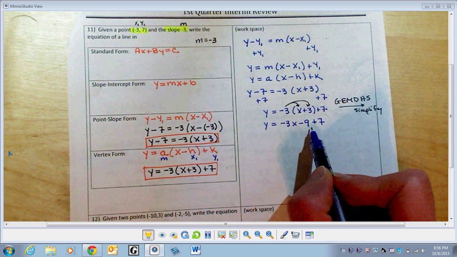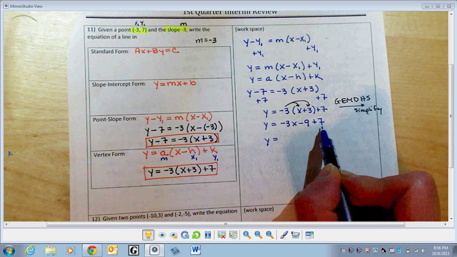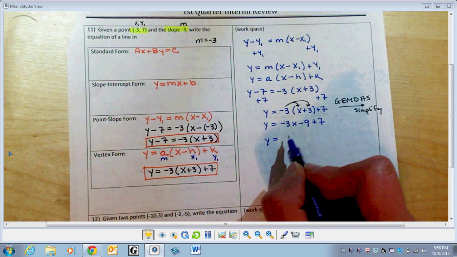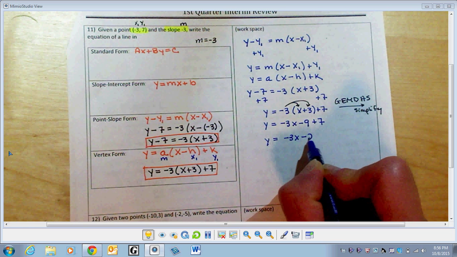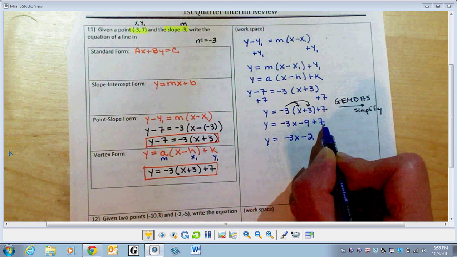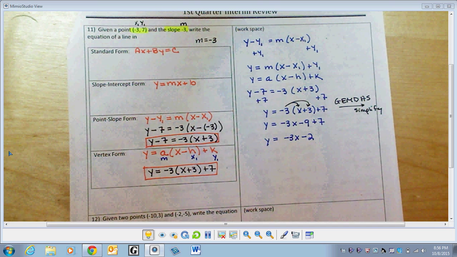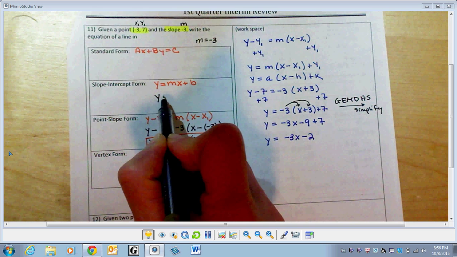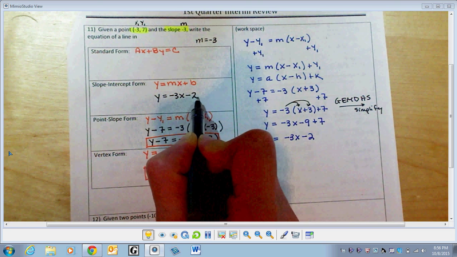I'm still simplifying, so I don't have anything being multiplied or divided, but I have addition happening right here. So that means I have negative 3x minus 2, because negative 9 plus 7 is negative 2. So that is my slope-intercept form, which means I have y equals negative 3x minus 2.